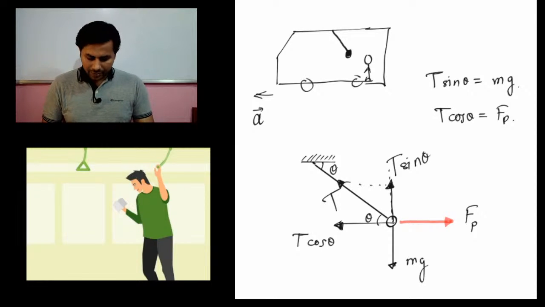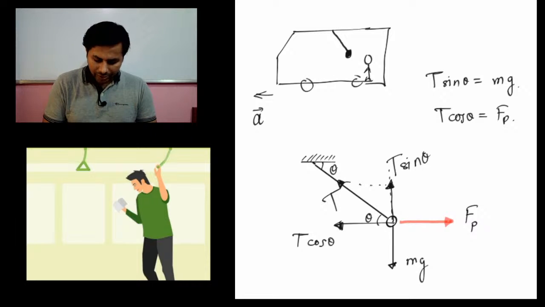Suppose this observer is accelerating with acceleration a bar. Then the magnitude of the pseudo force acting on this body will be equal to what?